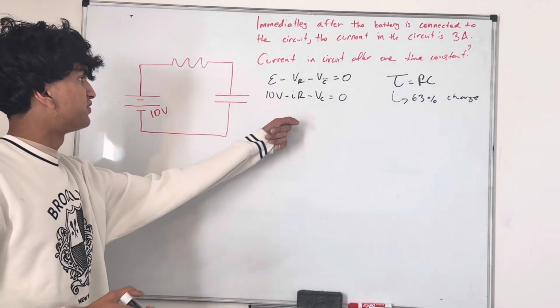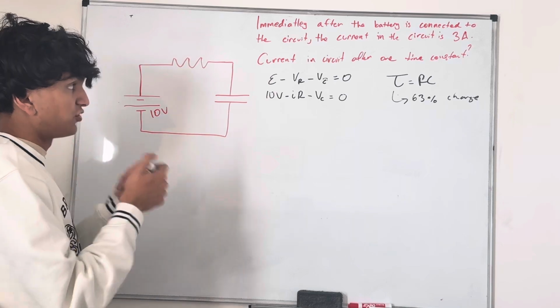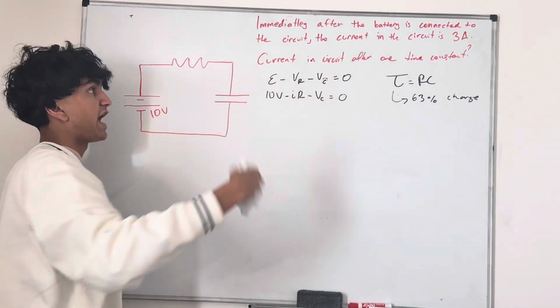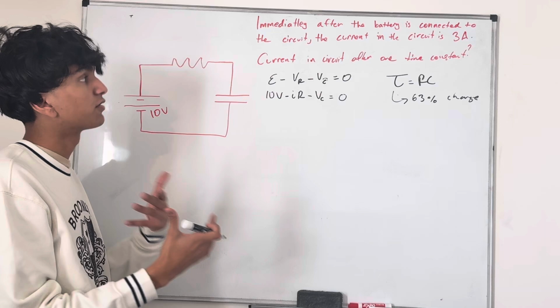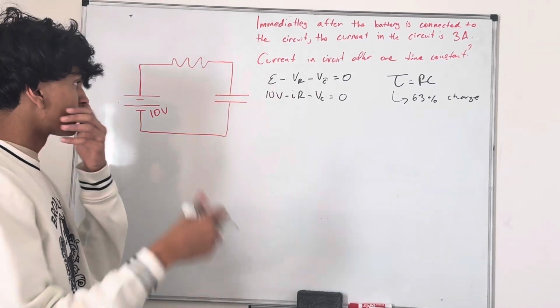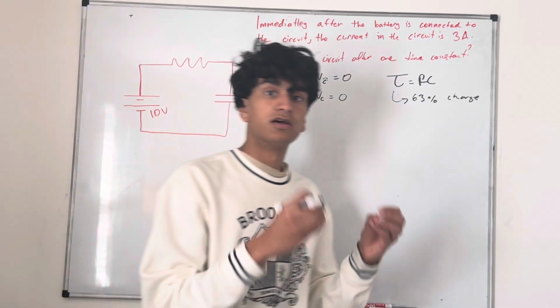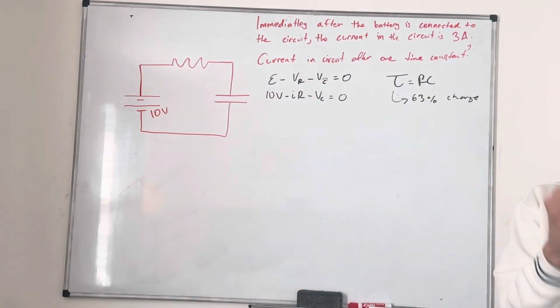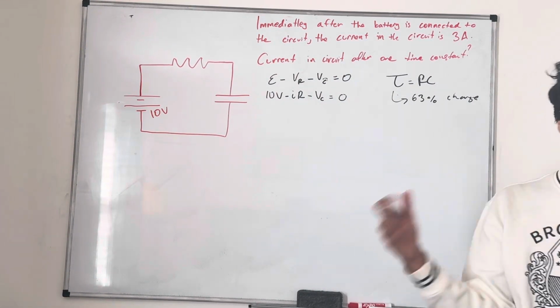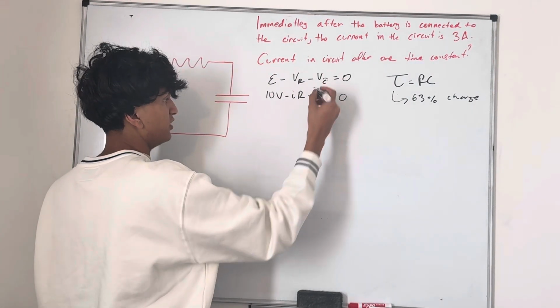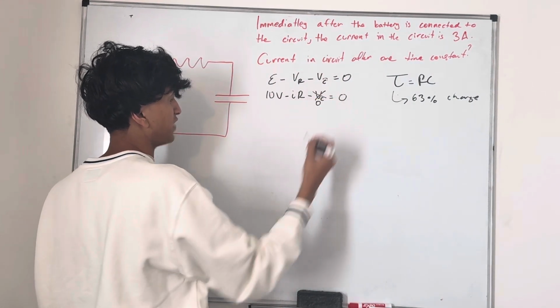We don't know the resistance, but they tell us that immediately after the battery is connected, the current is 3 amps. Immediately after, the voltage of the capacitor is 0 because it doesn't have any charge. You can treat it like a wire, so VC cancels to 0 initially.